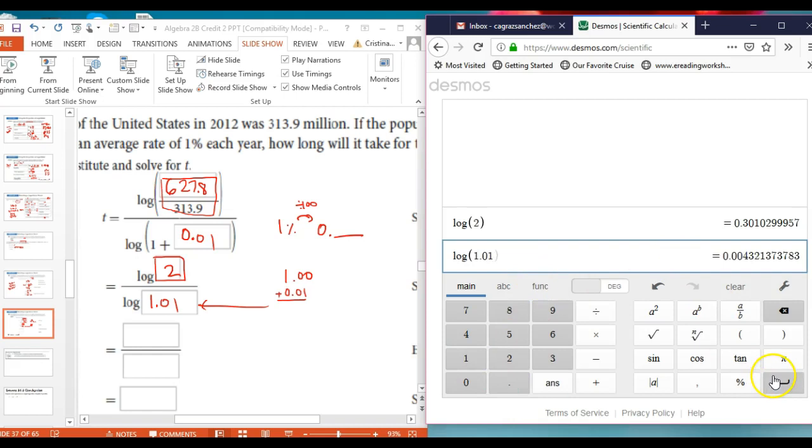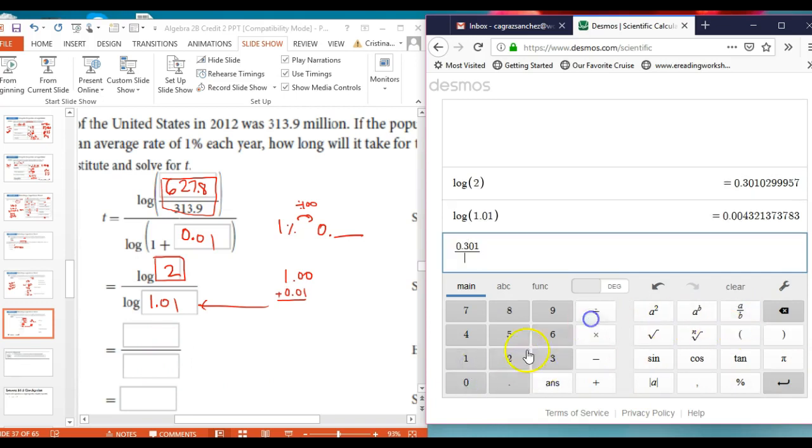Notice how I'm pressing enter just to keep those values up and viewable. Since we'll be dividing those numbers anyway, let's figure out right now what 0.301 divided by 0.004 is. I'm not going to write the whole decimal, just a little bit of it.